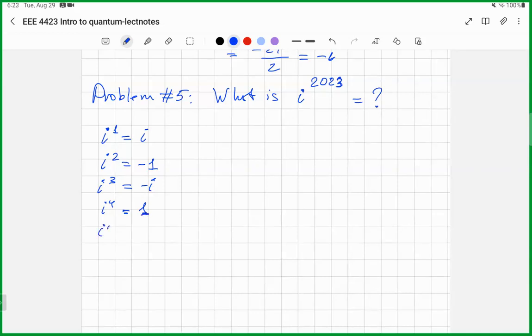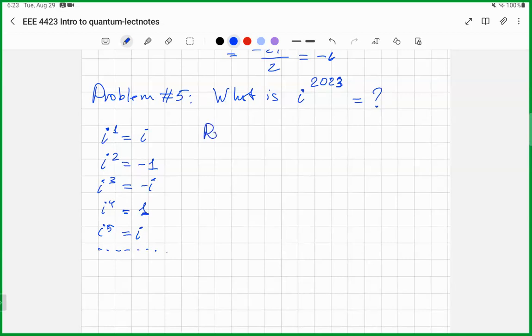And then i to the power of 5 is i again. And then i to the power of 6 is minus 1. i to the power of 7 is minus i, etc. So it's a periodic operation.